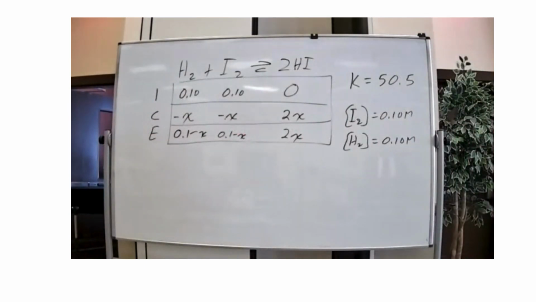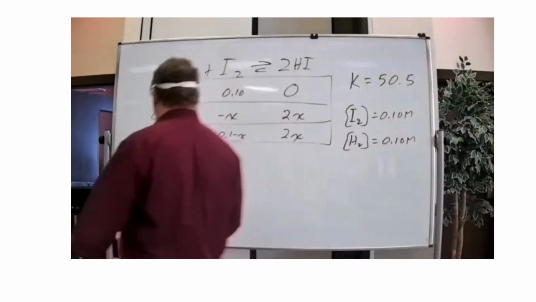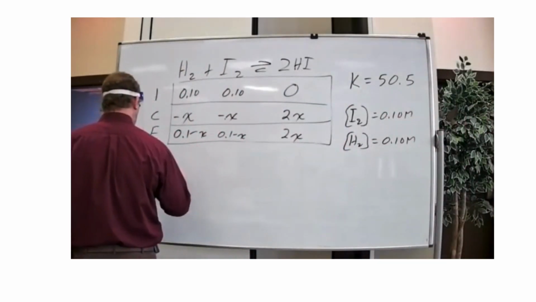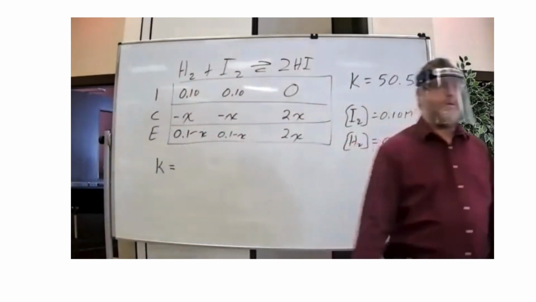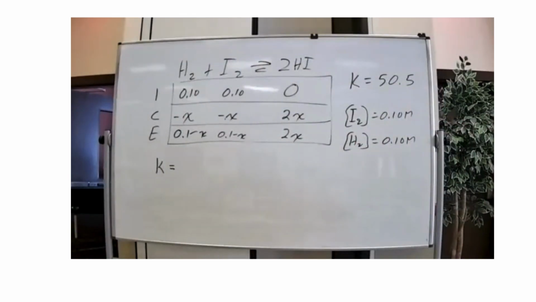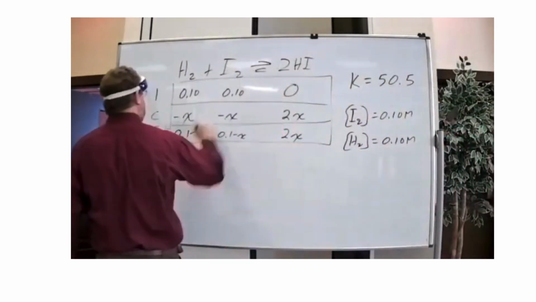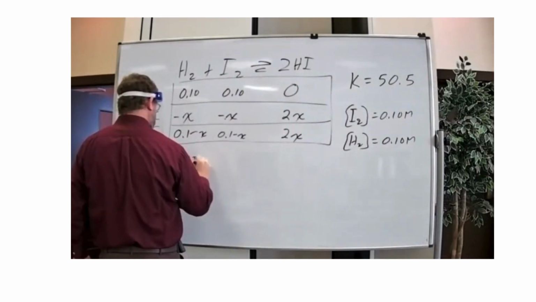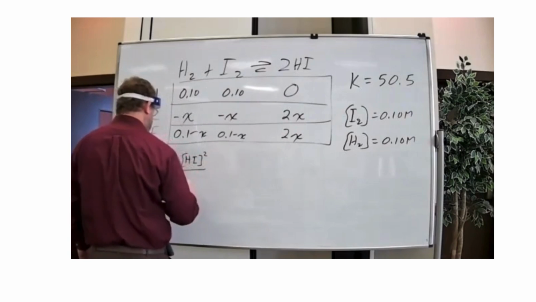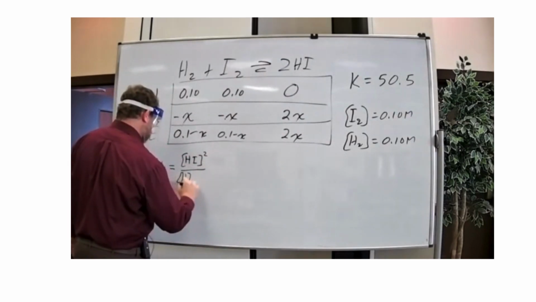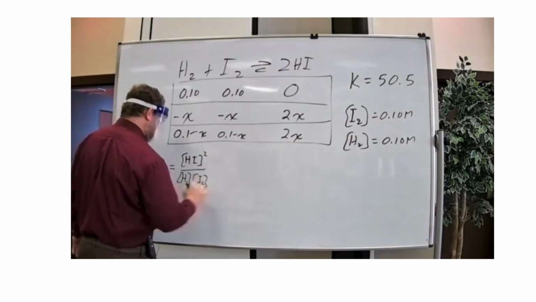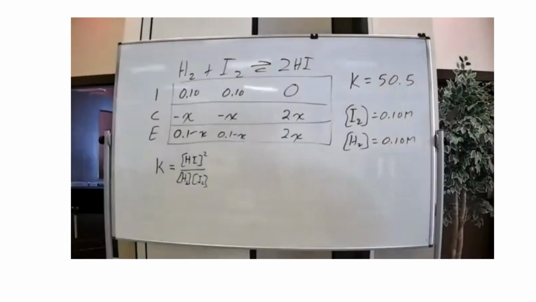Now, in order to work this, I really should write my equilibrium constant. So in your work there, I want you to write what K is equal to, and then I'll put it up here. I want you to get a little practice at it first before I do it. Okay, so products to the power of their coefficient over the reactants to the power of their coefficients, in which case for the reactants, they're both 1.